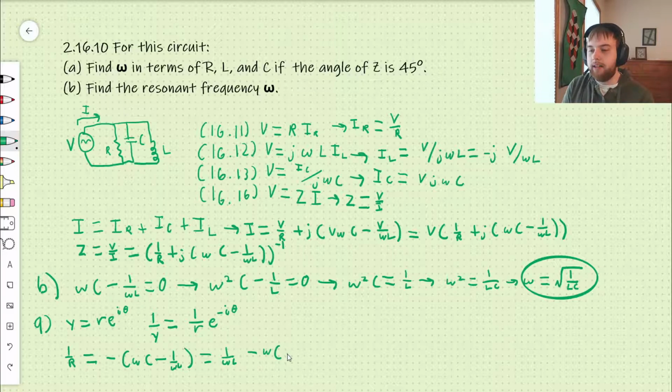We can rewrite this, in fact, as omega c plus 1 over r minus 1 over omega L equals 0.